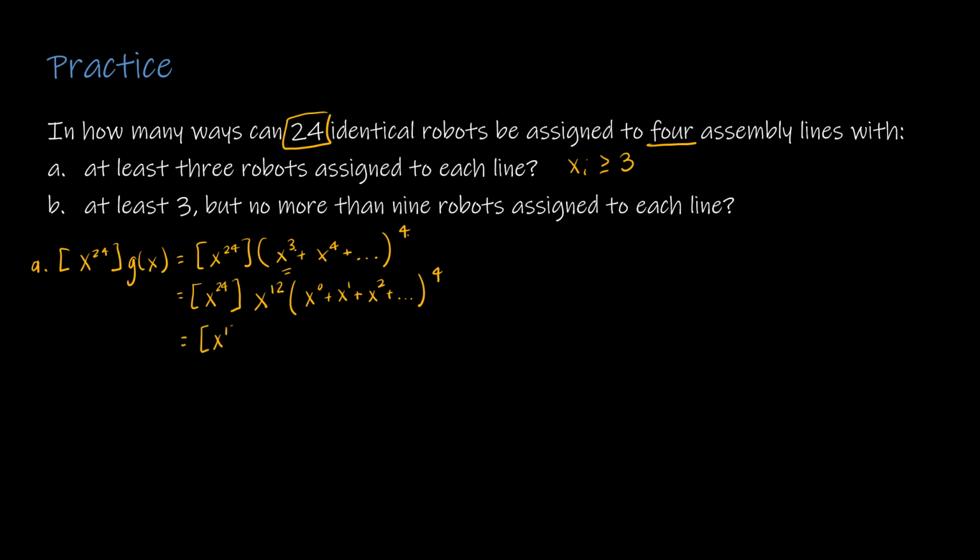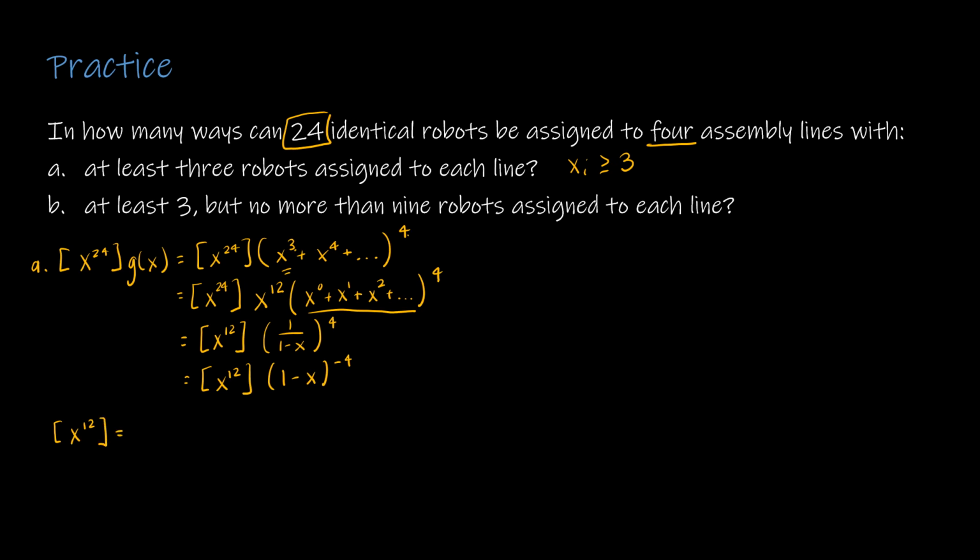That gives me x to the 12th. And then I'm going to replace all of this with the fundamental identity, 1 over 1 minus x to the 4th. And then I'm just going to rewrite that as x to the 12th and then 1 minus x to the negative 4th. So from here, I'm now just trying to find x of 12, right?